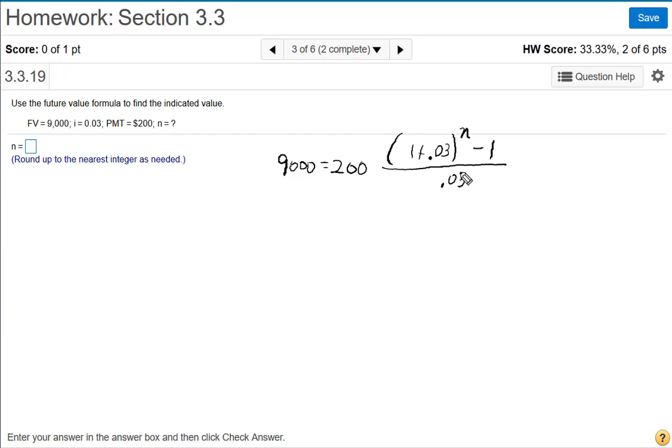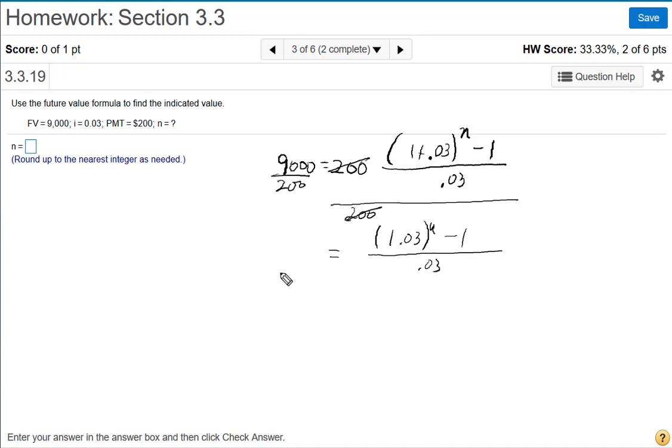Going to do this by hand, and so we want to begin by dividing both sides by 200. That's going to disappear. And these two zeros and these two zeros will disappear, and we'll have 90 divided by 2.